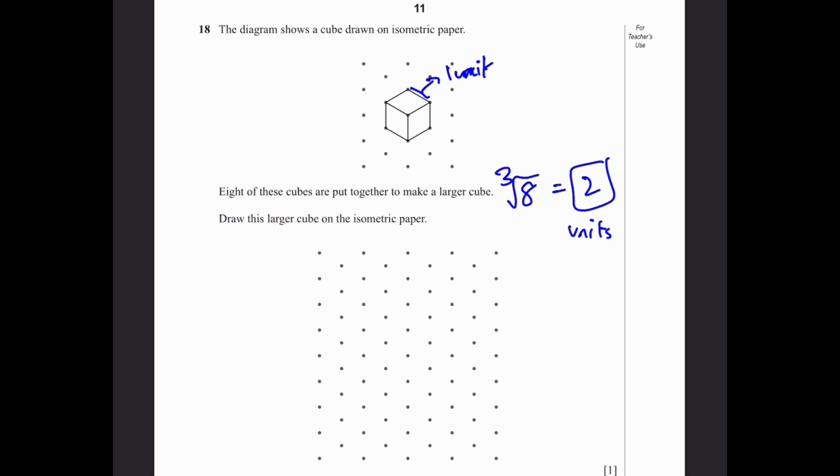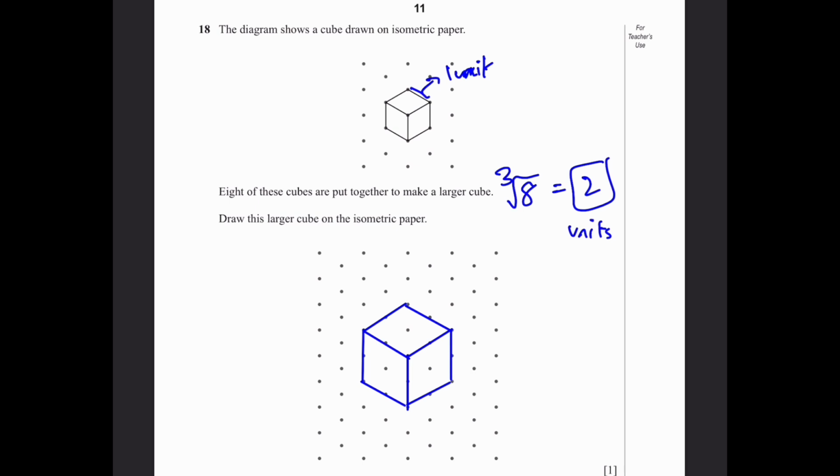If you want to draw this, you can first draw one single line segment, which is 2 units long, like this. Then draw a square of 2 units. We've done that, and now we need to draw the top side, which is like this. And then the right side, which will be like this. And that is the 8 cubes which are put together.